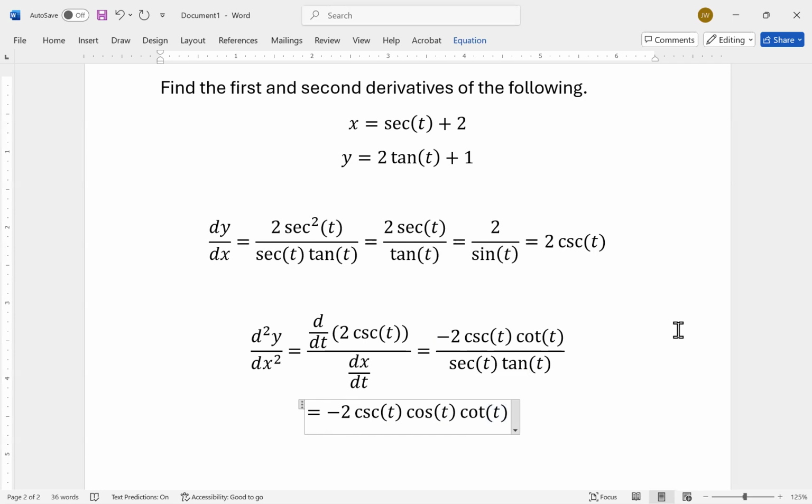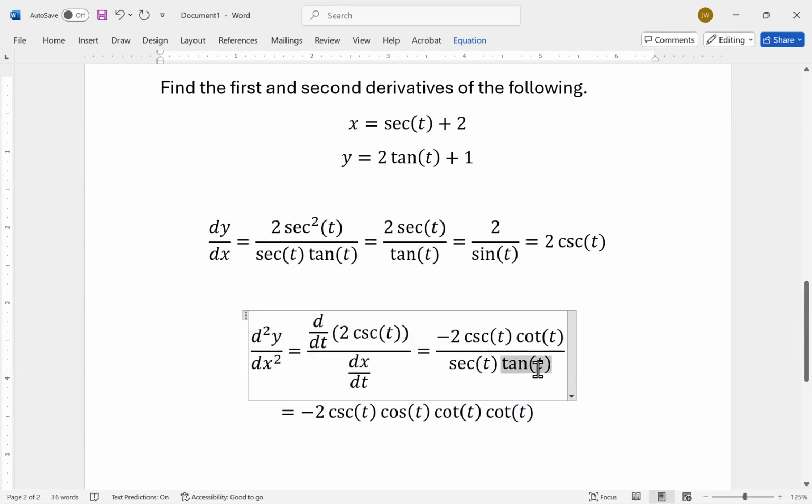And then the reciprocal of tangent is cotangent. So I can multiply times another cotangent of t. If I just say, instead of dividing by tangent, I'm going to multiply by its reciprocal. Instead of dividing by secant, I'm multiplying by its reciprocal.